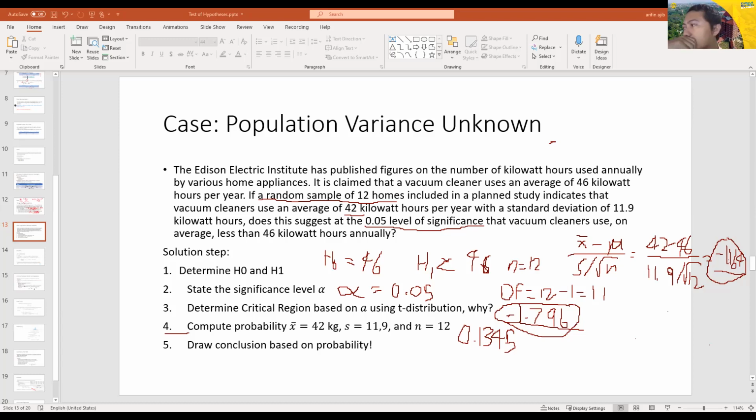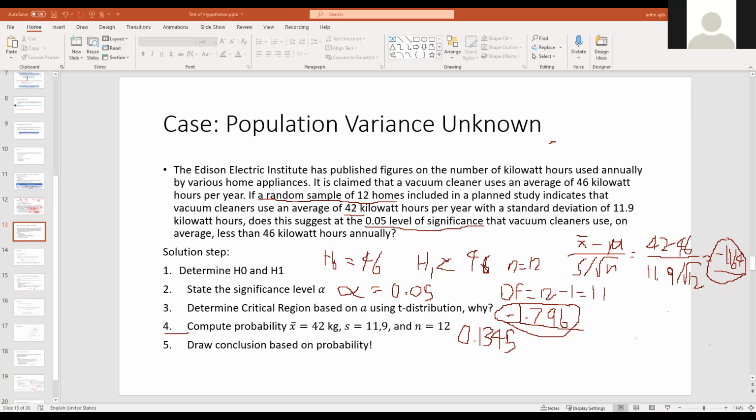More than critical value. In this case, what is the critical value? The minus 1.796. Okay, good.